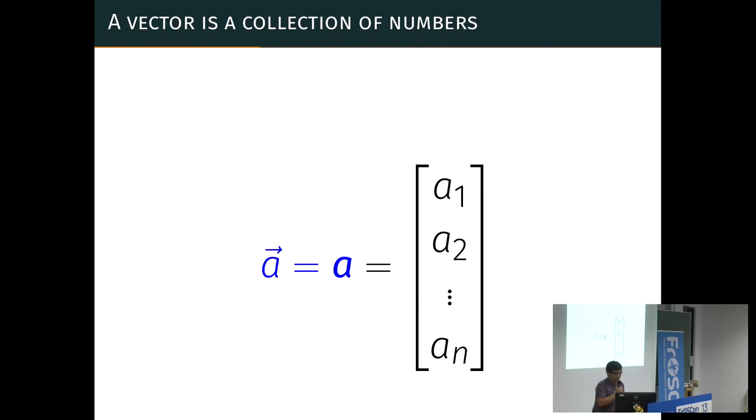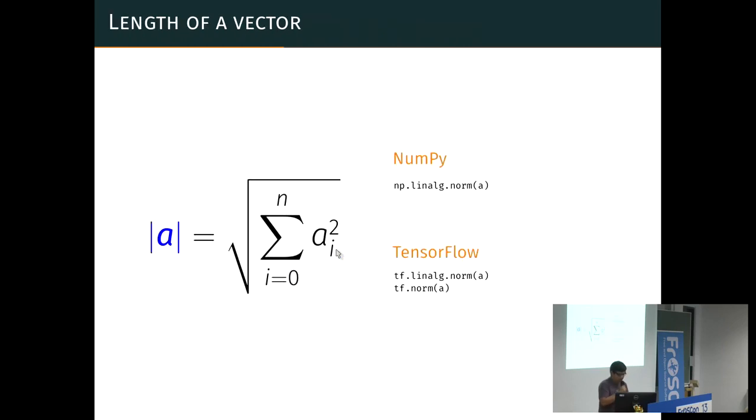So let's start talking about vectors. Vectors are simply a collection of numbers. Usually we find them in the books with some arrow above or in bold notation. This is not that important, but there are a lot of small things that we should know.